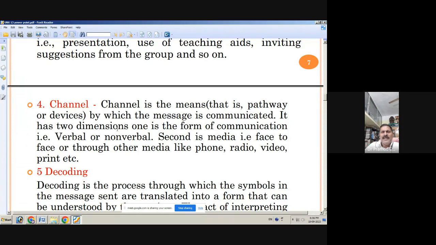Two dimensions are there, one is sender and another is receiver. The message will have to be communicated. Channel may be verbal or non-verbal. You can use the telephone, radio, video, print media, whatever it may be, or you can have face-to-face interaction.